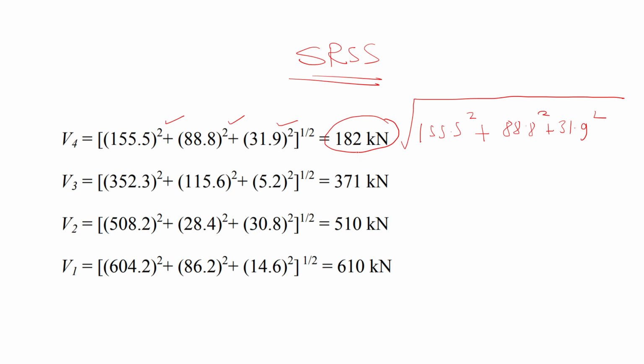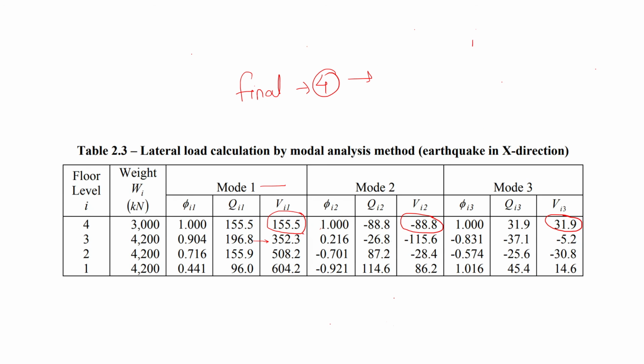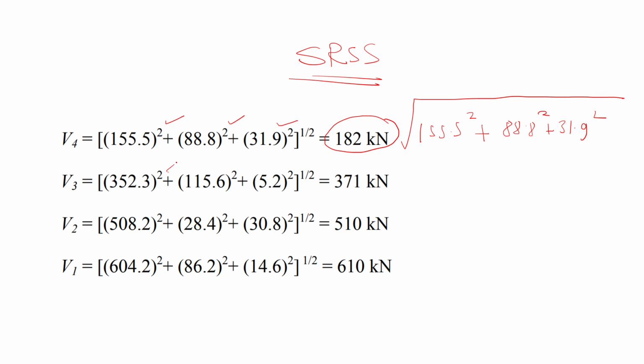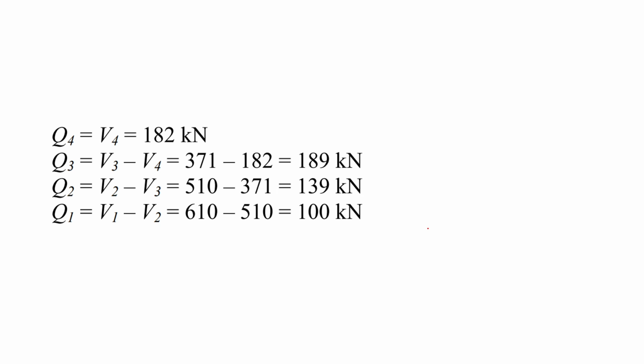Similarly, for the third floor, take the mode 1 value, mode 2 value, mode 3 value, square those values and take the square root. Similarly done for the remaining two.